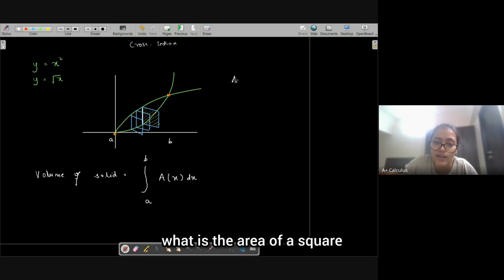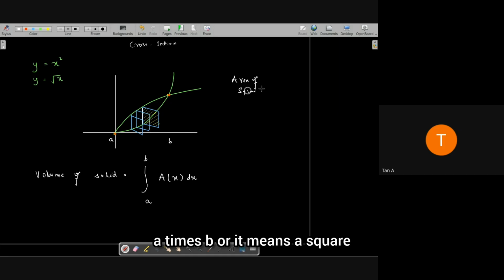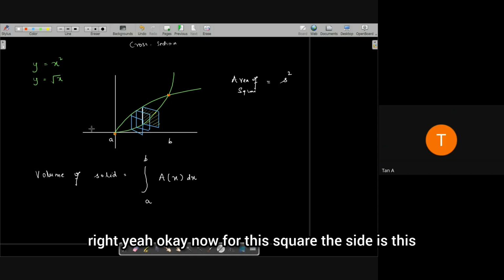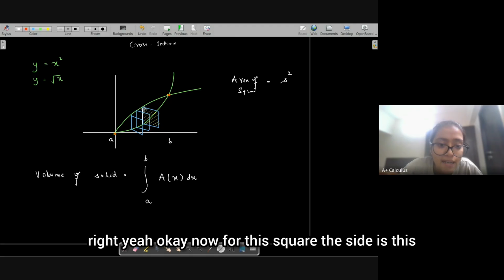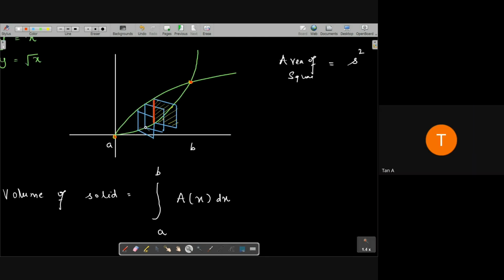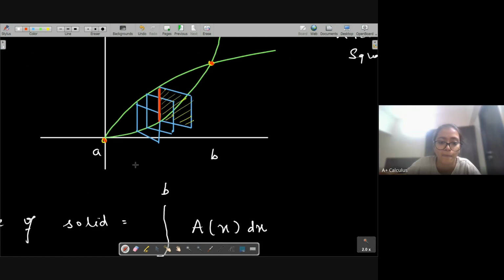Now tell me, what is the area of a square? A times B, or no, A squared. A square, I mean, you mean the side square, right? Yeah. Now for this square, the side is this. This is the side of the square. Can you find out what will be this distance between this point and this point?